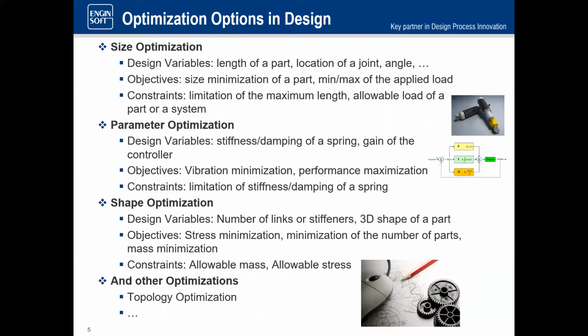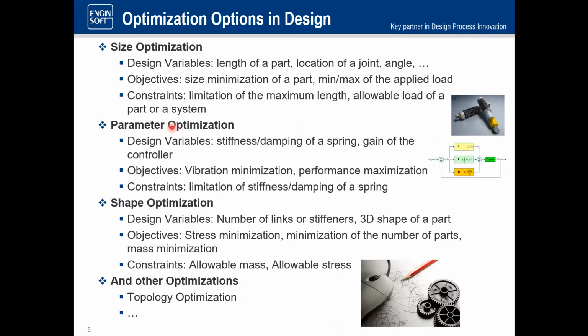So in the case of optimization with real design, there's different types of optimization. So one is size optimization, where we're actually just changing basic dimensions.